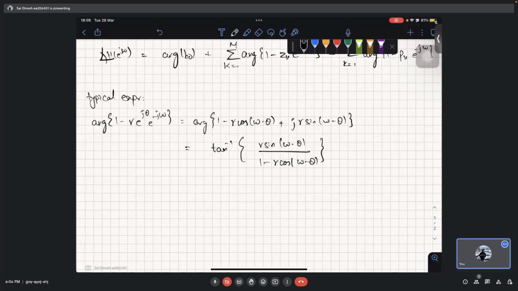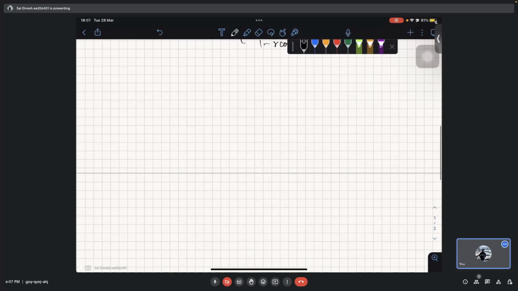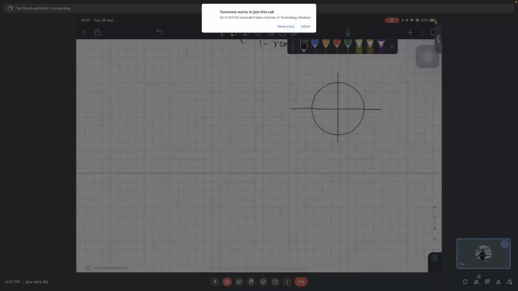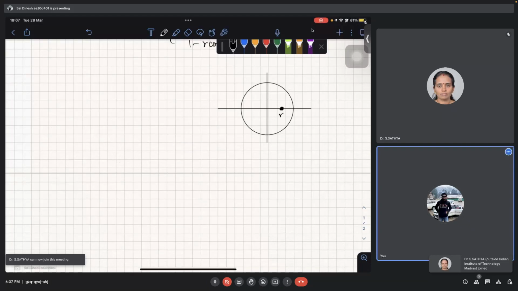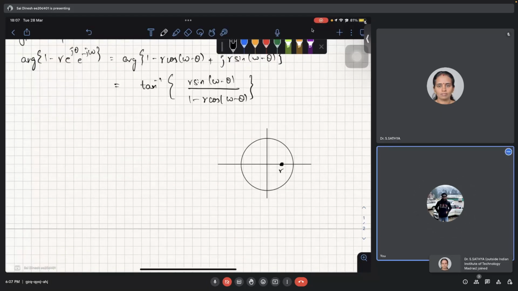Okay, so let's say we have a pole zero plot, and let's say we have a zero here at R. This is some angle omega, some frequency omega, so the angle is e^(j omega), and there is a trivial pole.